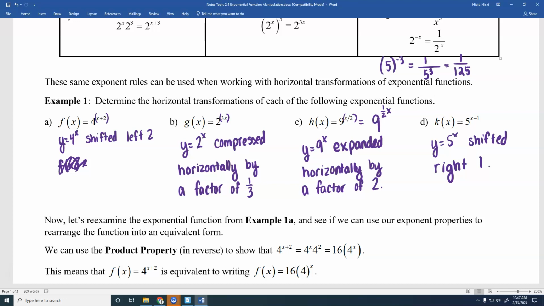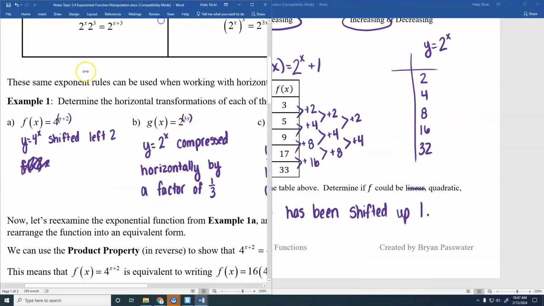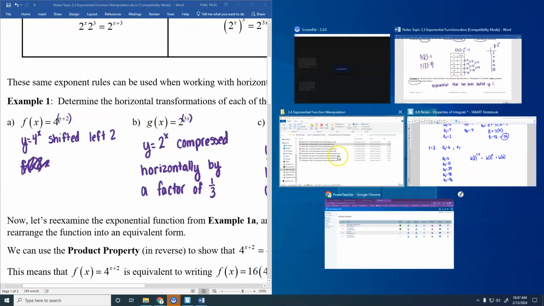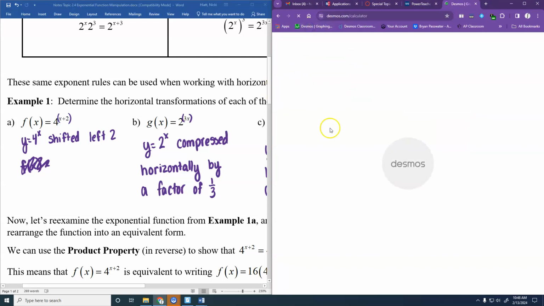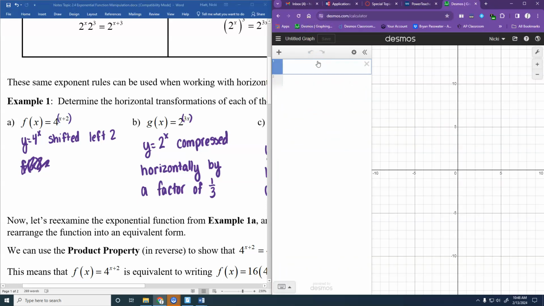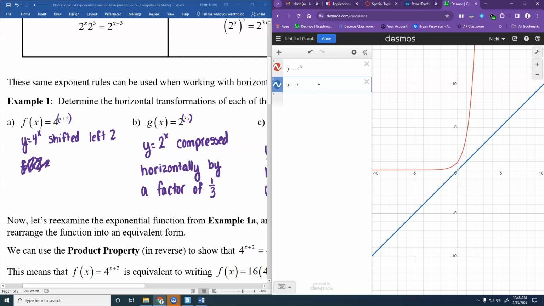Now, I want to do this real quick just to let you see kind of what's happening here graphically. So we're going to go to Desmos, even though they won't let us use Desmos. It's still helpful to see what's happening a lot of times. Let me graph y equals 4 to the x power, and I'm going to graph y equals 4 to the x plus 2.